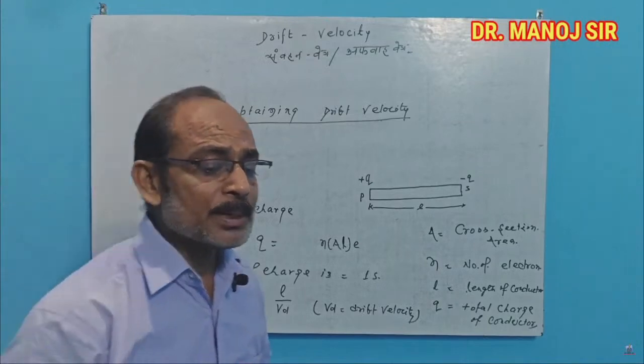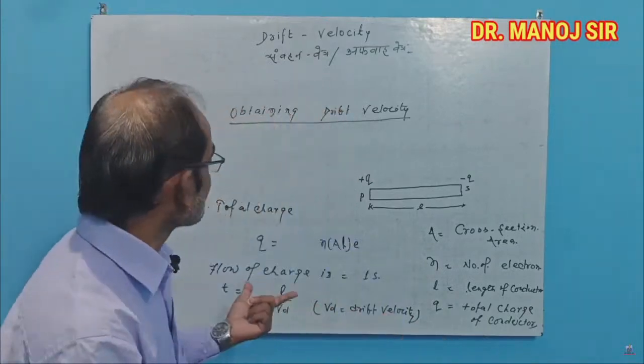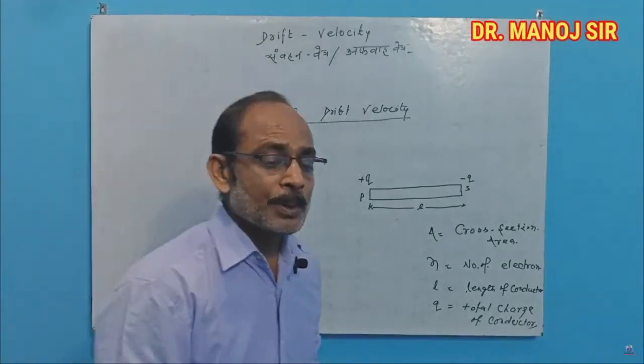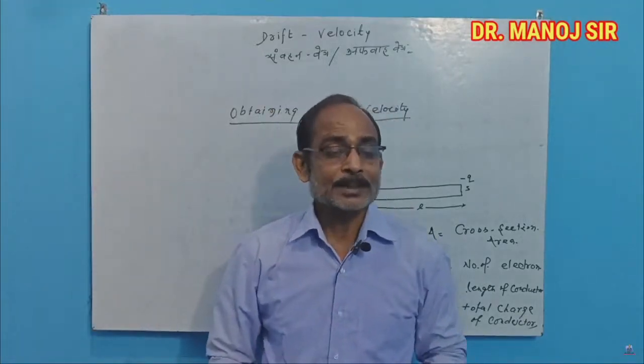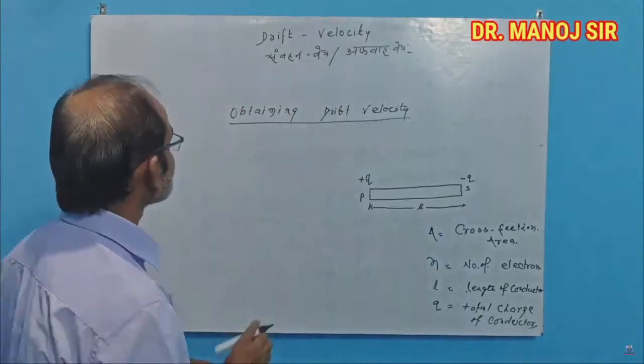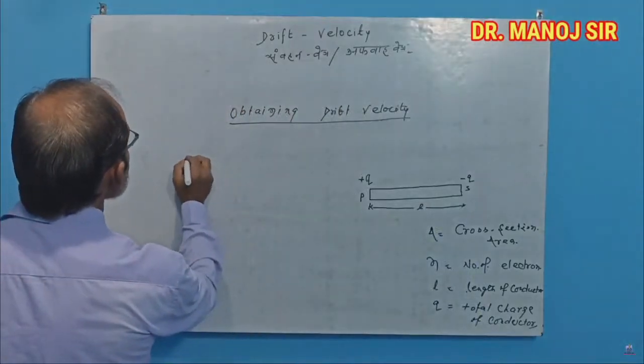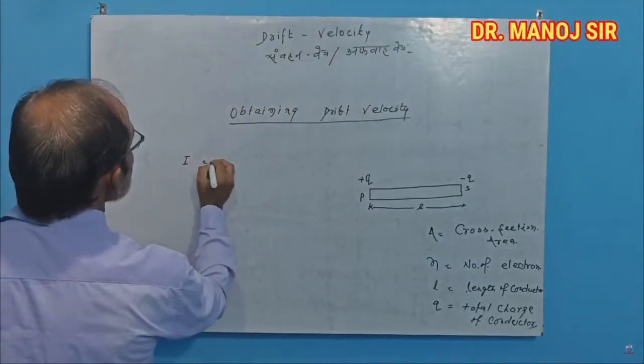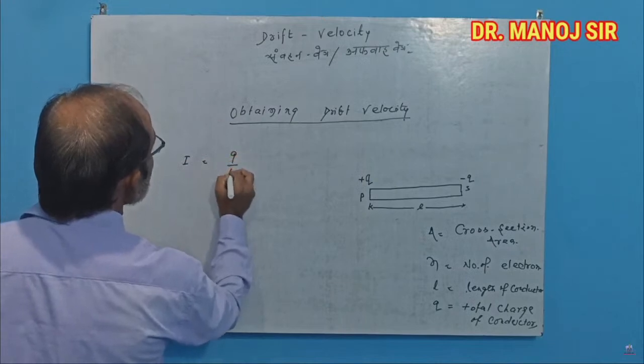Let the current be I, then Q by T. As you know, I equal to Q upon T.